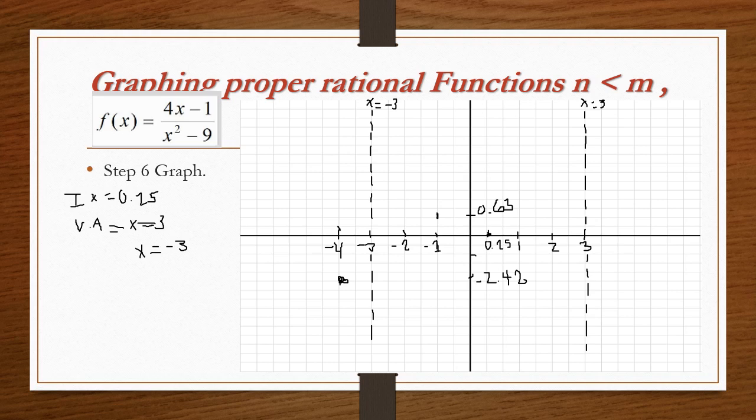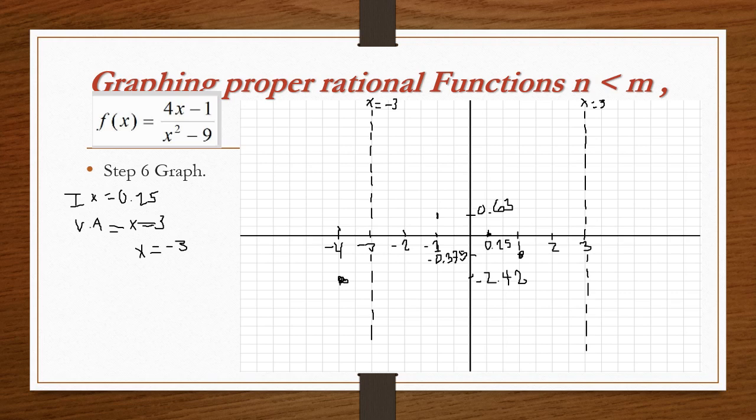Then we have 1 and negative 0.37, really close here. So we're going to put here negative 0.375, with 1. This is going to be our dot here.